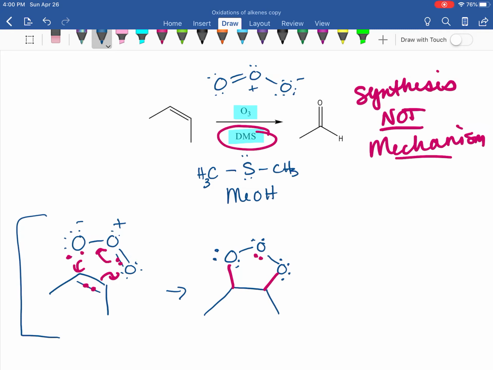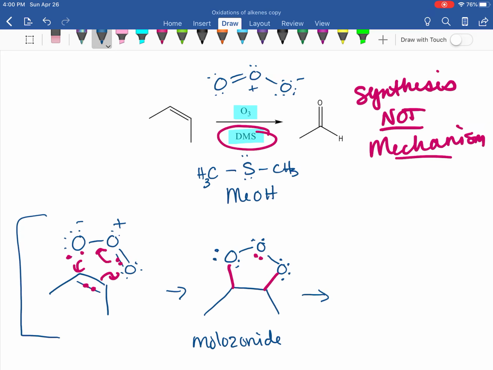Oh, that's not a bond, that is a lone pair. We have just formed this. Look at all those oxygens, now all neutral. And our alkene is now bonded to the ozone molecule. We just lost our double bond there.